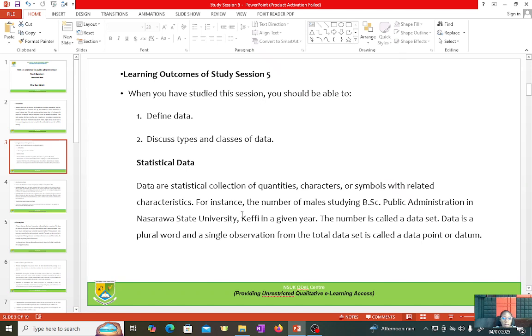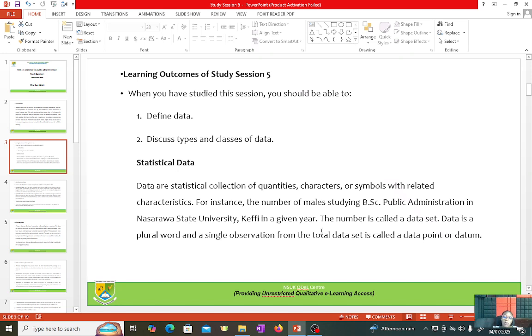It could be the number of inpatients at the Federal Medical Center, Natural State. It could be the number of mortality. It could be number of accidents in a given year.